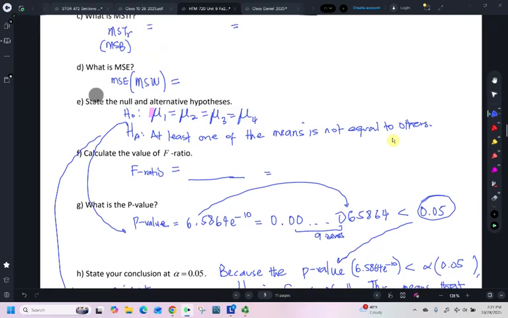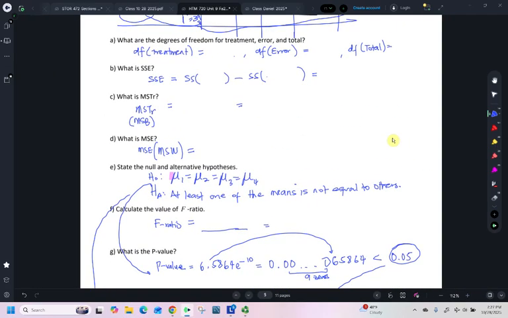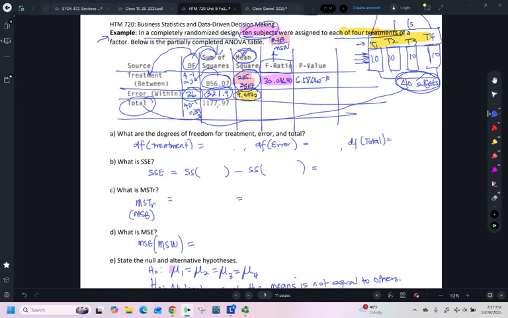Okay, and a gentle reminder that I have some spaces here just to remind us what we worked on earlier. For the degree of freedom of treatment, it is always number of categories minus 1, which was 4 minus 1, that is 3. That was the value we got right here.